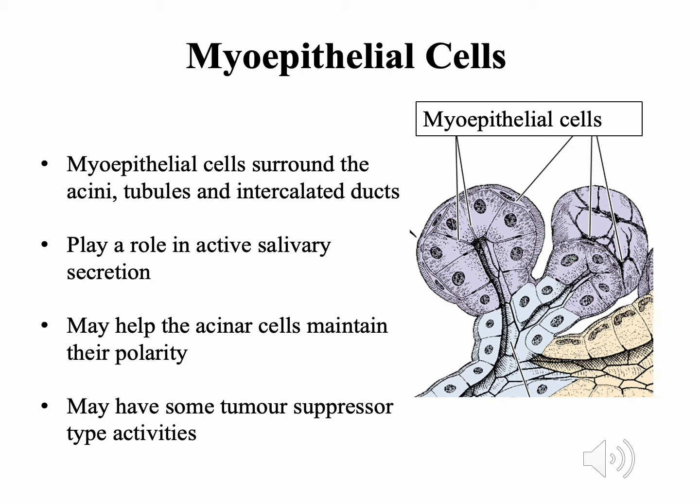They also aid the acinar cells to maintain their appropriate polarity, meaning the basal pole and apical pole are located where they should be. Myoepithelial cells are thought to have some tumor suppressor type activity as well. So they can be linked in with a lot of different neoplasms that we can see in salivary glands.